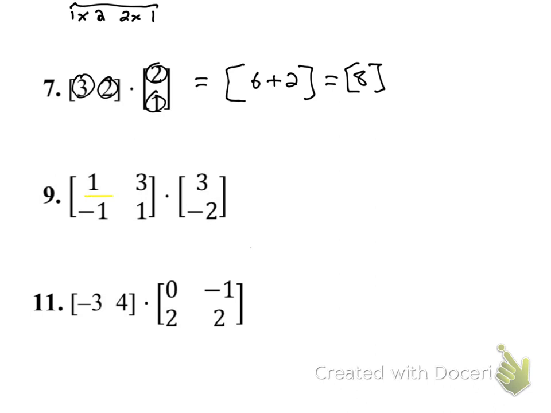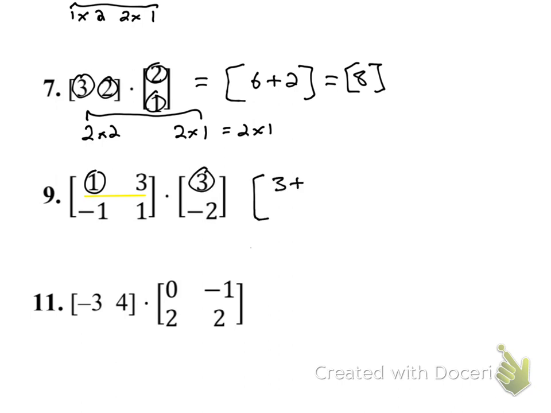Number 9, 2 by 2, 2 by 1. So our answer will be 2 rows and 1 column. So I got 1 times 3 is 3, plus 3 times -2 is -6.